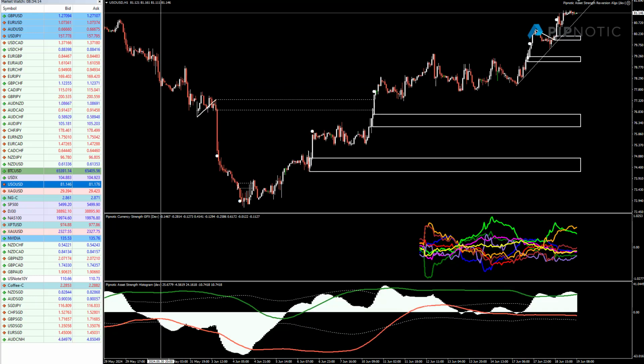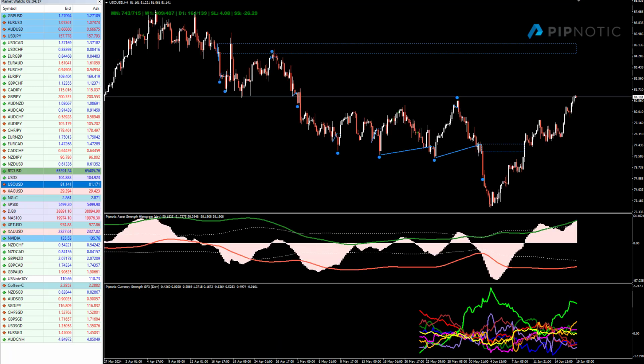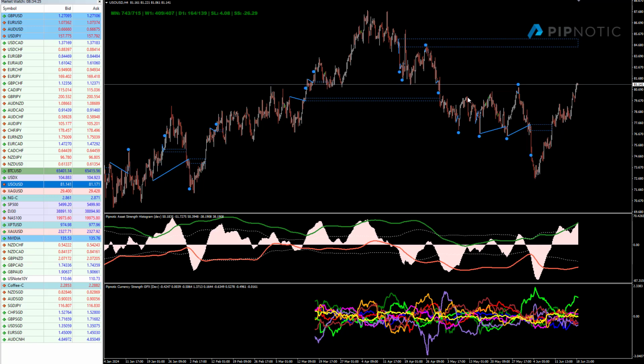Let's have a look on the 4-hour chart. Yeah, so on the 4-hour chart, we're just about to reach the end of a bull cycle, so I'd probably be a little bit careful about selling just yet. We have this lovely spot here. You've got to be careful with these.